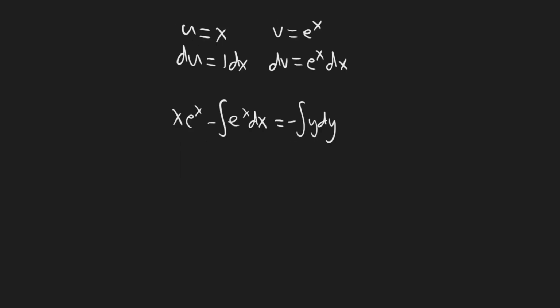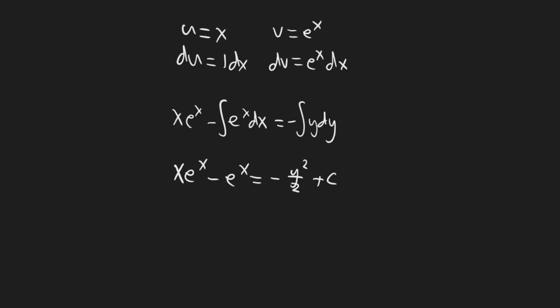All right, so we can go ahead and just solve these integrals. x e to the x minus e to the x equals negative y squared over 2 plus c. Can't forget the constant of integration. Okay, so now we just have to go ahead and solve for y.